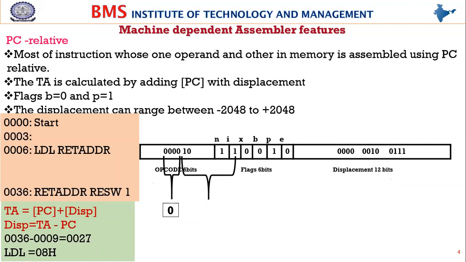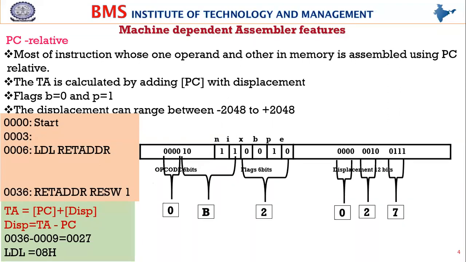Next 4 bits are grouped, that is 1011, which gives B. Then the next 4 bits, 0010, give 2, and the next 4 bits give 0. The next 4 bits, 0010, give 2, and the next 4 bits give 7.